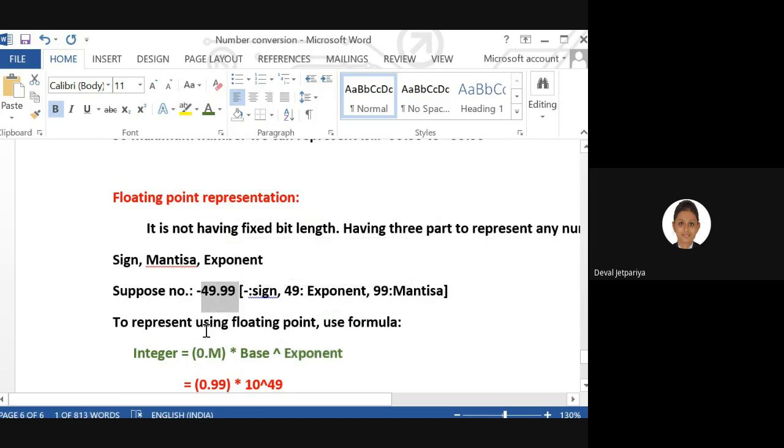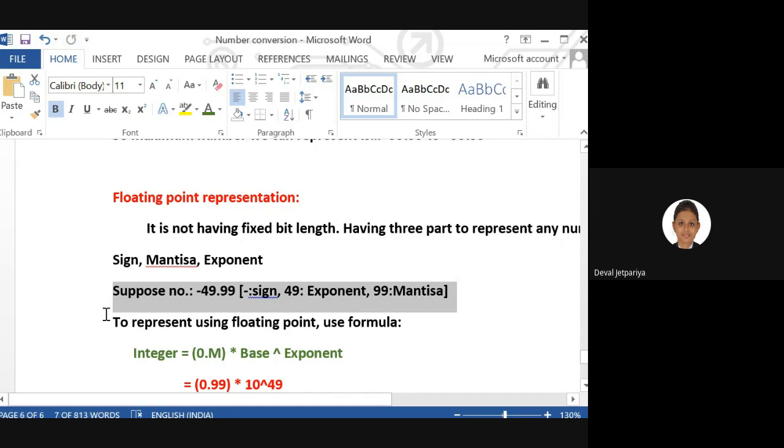In this value, this negative sign represents the sign. This 49 represents the exponent part, and this 99 is called the mantissa. This you need to remember in case of floating point. This is sign, 49 is called the exponent, and 99 is called the mantissa.